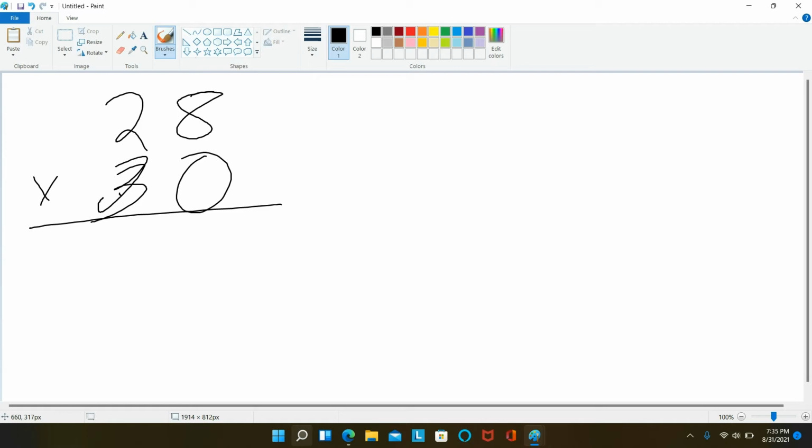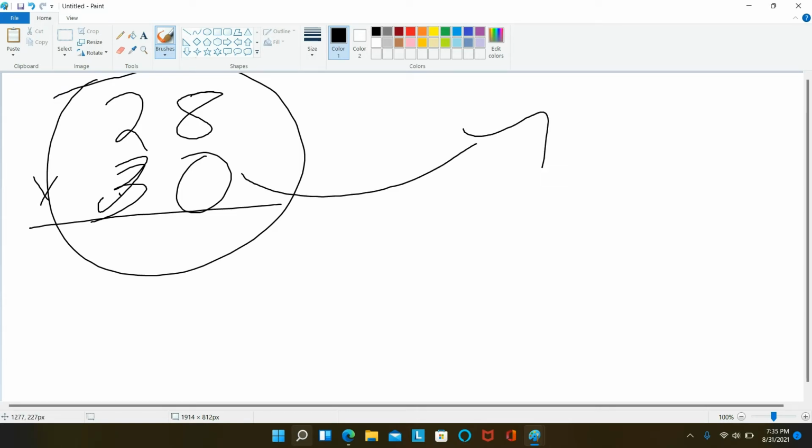What you gotta do is just get rid of the 0 for now, because the 0 won't really change anything in the actual calculation. So you can put your friend 0 on the side. So now, your equation is 28 times 3.